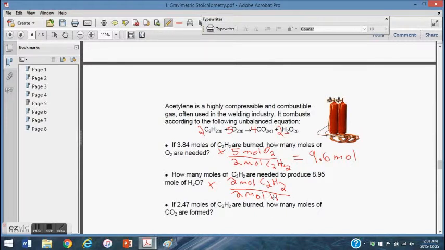And you should be able to see at this point, if I'm looking to produce 8.95 moles of H2O, guess what? I can do times 2 divided by 2. I think all of you are at the point you can realize that this is the same as just times 1, that we need 8.95 moles of C2H2.